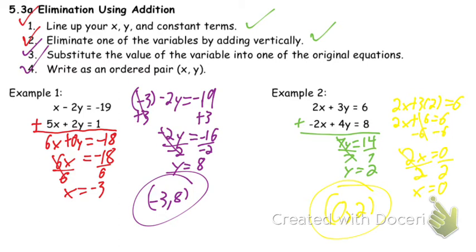Example 2, our x's were the same coefficient 2, but different signs. Notice that's what it's going to take, because how are you going to get 0 by adding? Adding a positive and negative of the same number. Right? If you're adding two numbers to get 0, you have to be the positive and the negative of the same number.